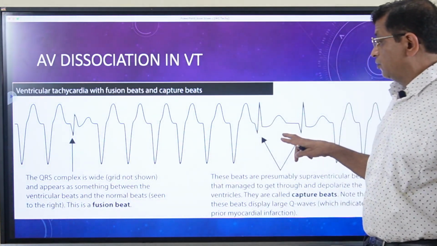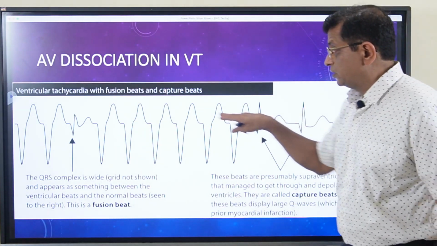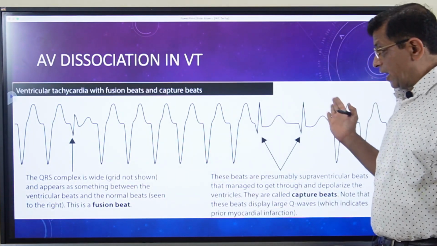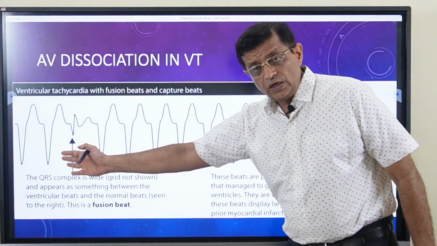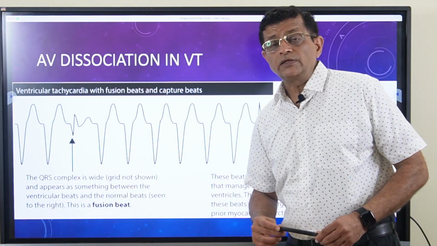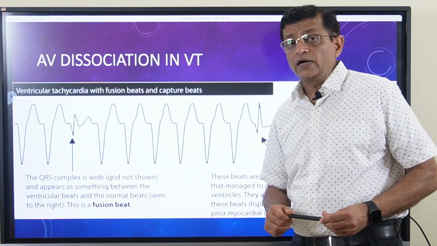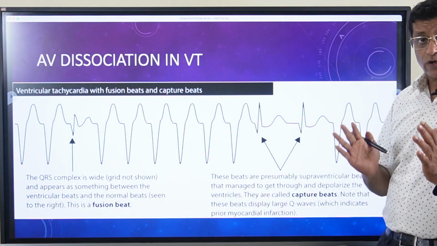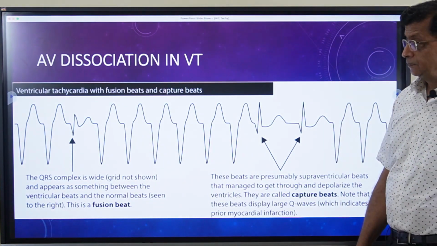So you get a wave that looks something between this and this. So that is called a fusion wave. So if you see capture beats and fusion beats, then probably that confirms AV dissociation, and it makes ventricular tachycardia as a cause of wide complex tachycardia very likely.